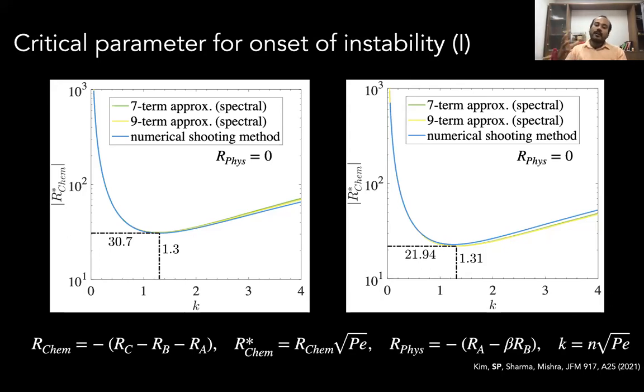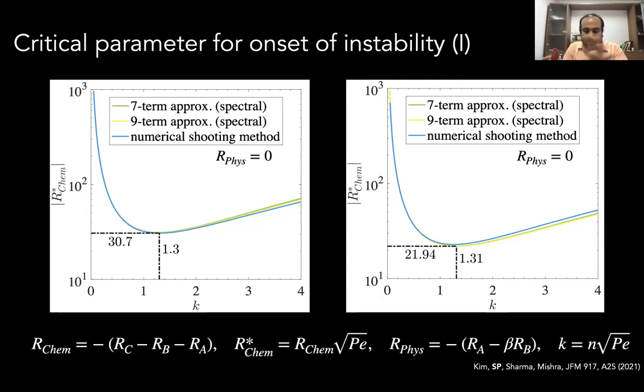And then we are looking for, among all the possible wave numbers, which wave number becomes unstable first, with the other parameter, which is R chemical in this case. That's the point which denotes the critical parameters for two different cases here, and these are for two different beta.